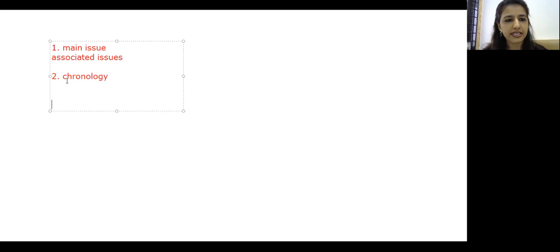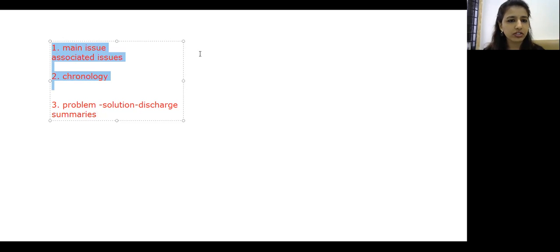So you go chronology-wise: you write what their situation was 6 months ago and what it is now. The third way of writing is problem-solution-wise. If you are writing a letter for more than one issue, you write that issue in a paragraph and what should be done about it. This is more appropriate for discharge summaries, because when you discharge a patient you would have more than one thing to look after. Whereas referral letters can be written either main-issue-wise or chronology-wise.